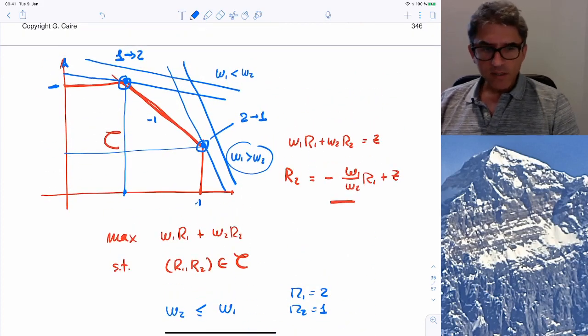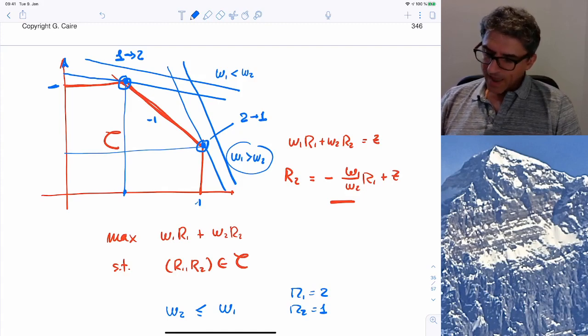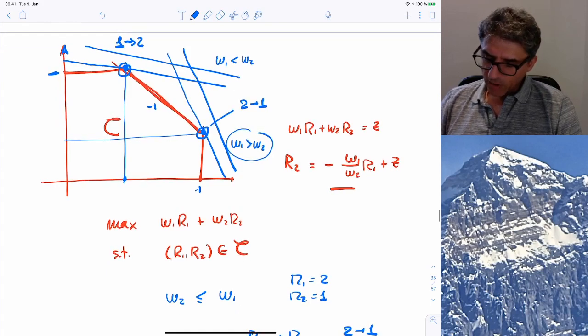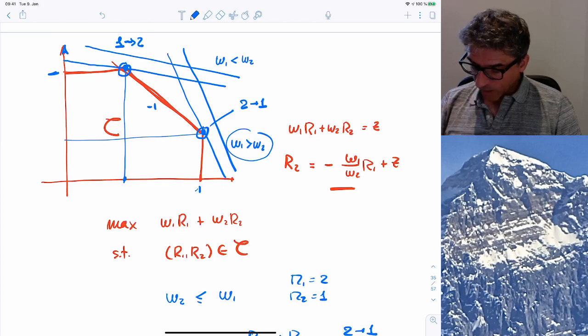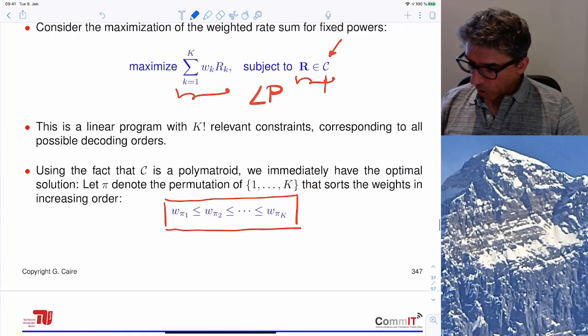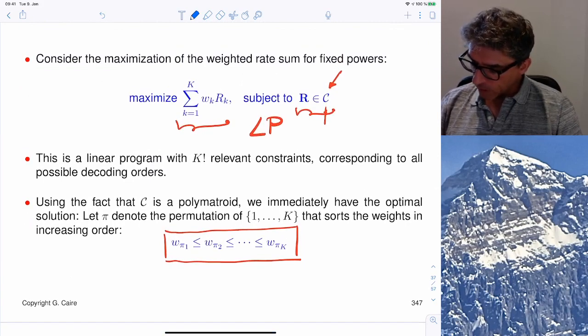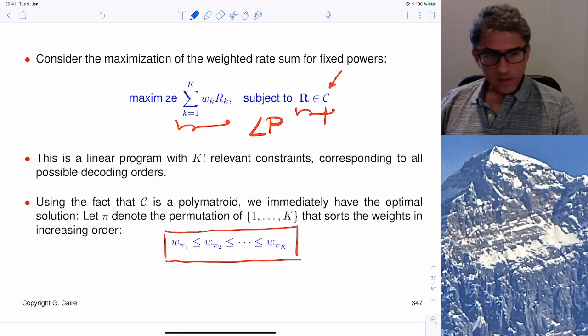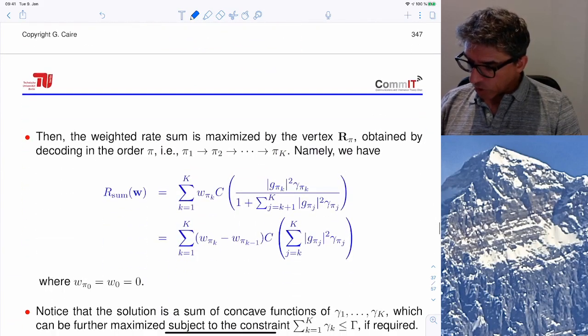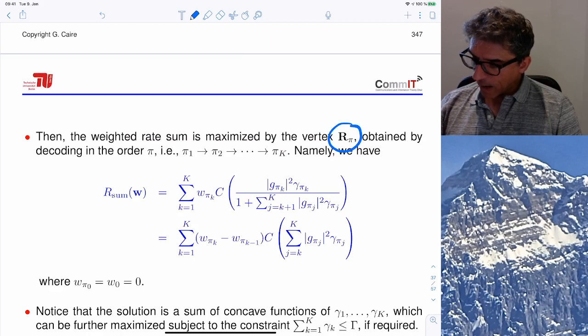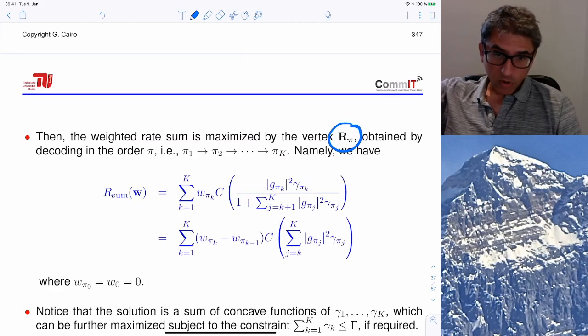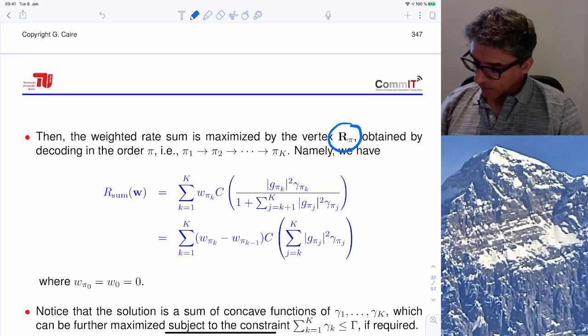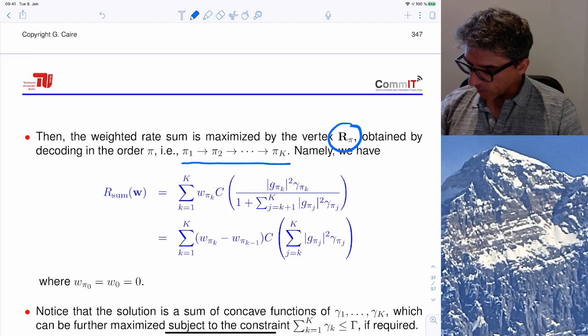Okay? So this is a general result that every vertex of the polymatroid corresponds to a permutation of the indices, and in our case, the optimum of this maximization problem is obtained by sorting the weights in increasing order, and then using the vertex point r pi, which is the rate point corresponding to the vertex for the successive decoding order given by the permutation pi.